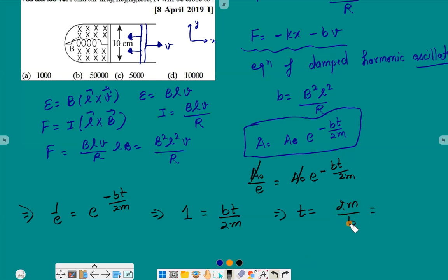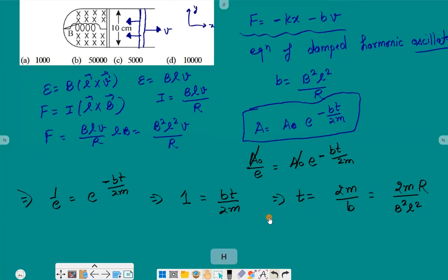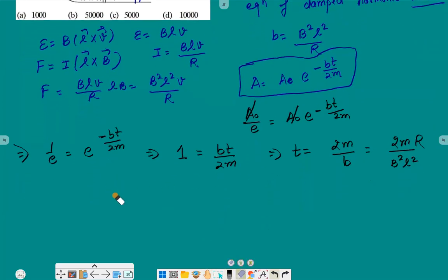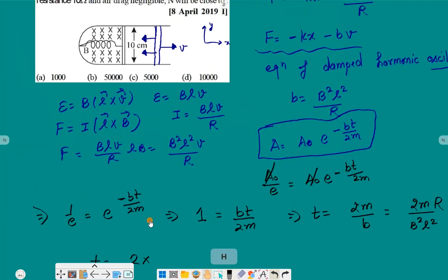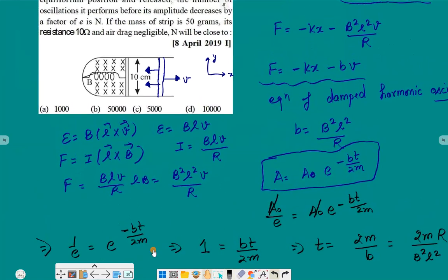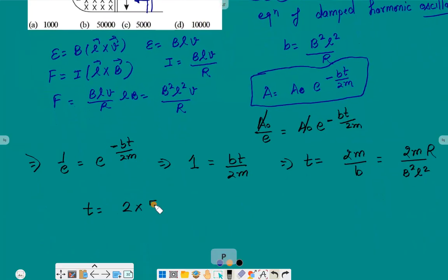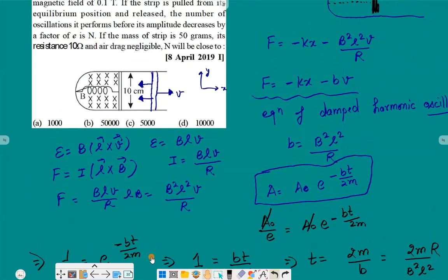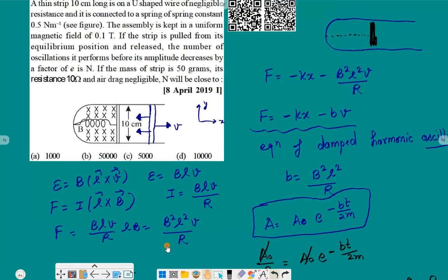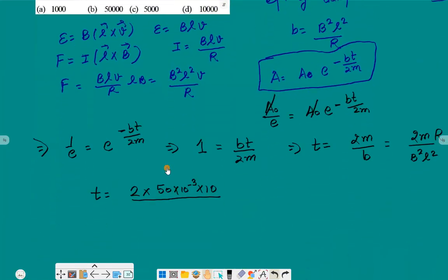Now we can substitute the value of b here, so it will be 2m over B squared L squared by R. So the time it will take is twice the mass of this strip. Mass is 50 gram, resistance is 10 ohm. So 50 into 10 raised to power minus 3, resistance is 10 ohm, divided by the magnetic field and the length. Magnetic field is 0.1 and length is 10 centimeter.